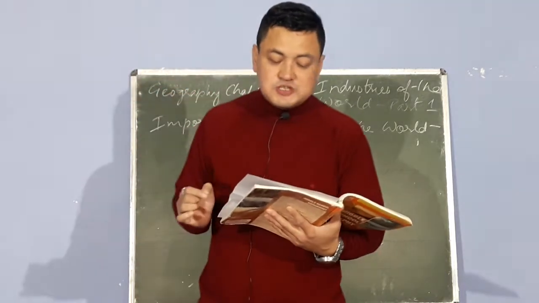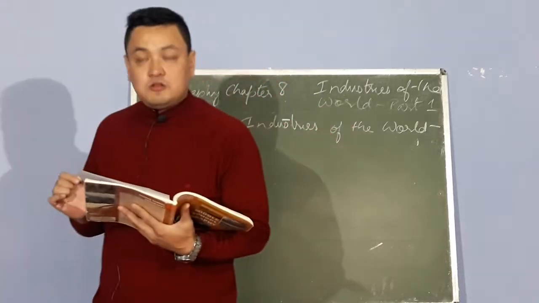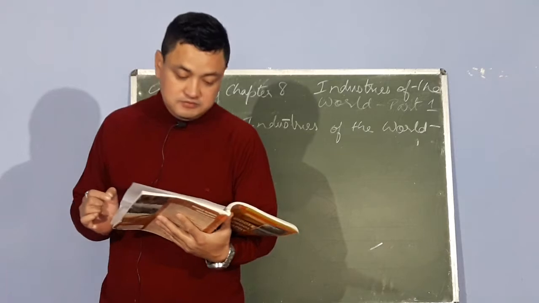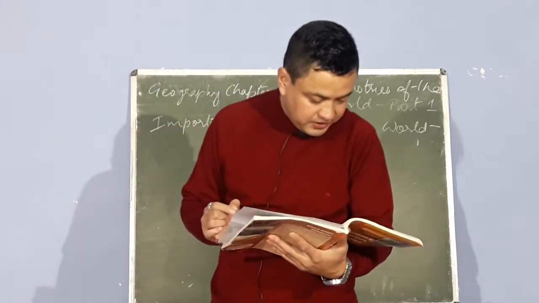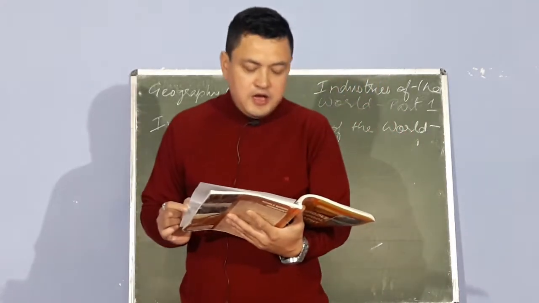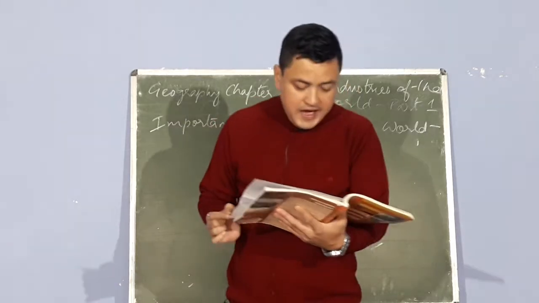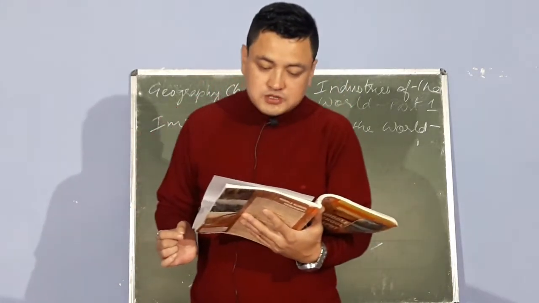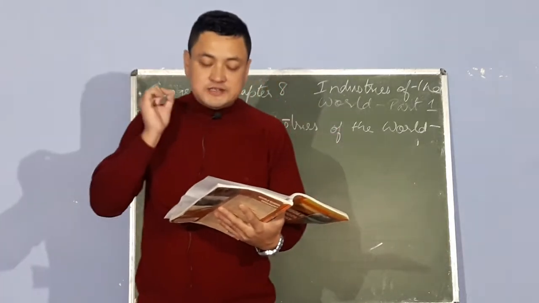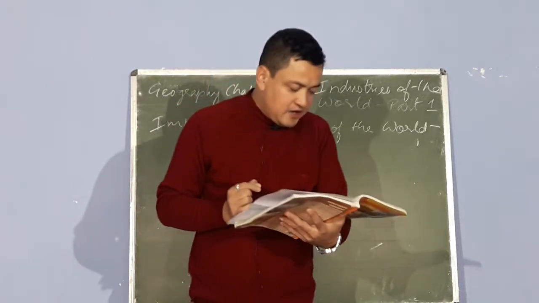The major industries which are discussed in this chapter are some old and traditional or conventional industries like cotton textile industries, iron and steel industries, and its distribution in the world and India, as well as we learn about some modern industries like chemical industries and information technology industry, that is also known as IT industries.